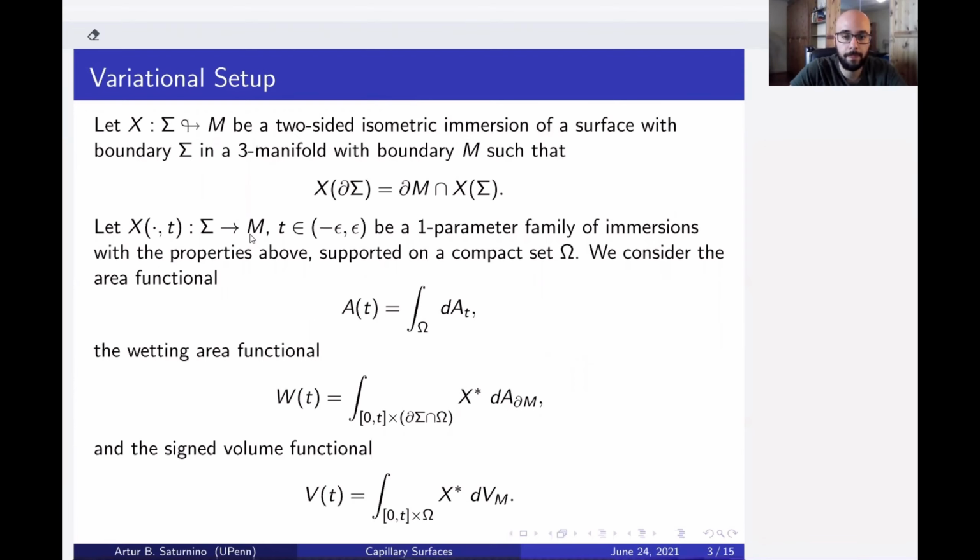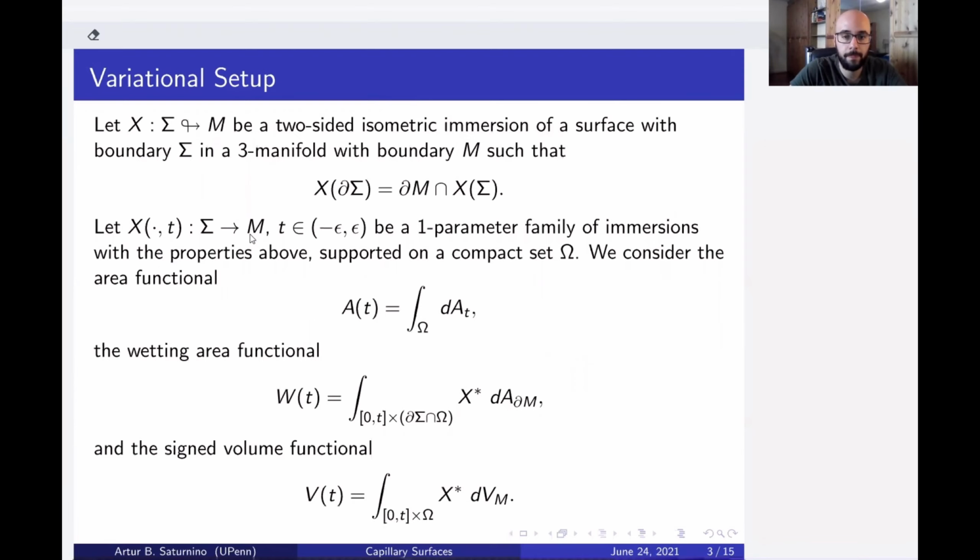This first integral on sigma should already be familiar to people that know minimal and CMC surfaces, because this is the same formula for the second variation of these surfaces. This is the interior part. But it's interesting that here we get a boundary part as well that I'm going to talk more about soon.